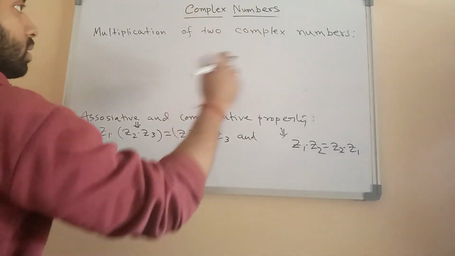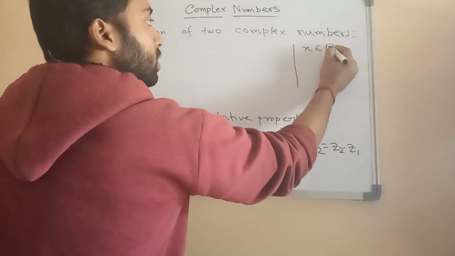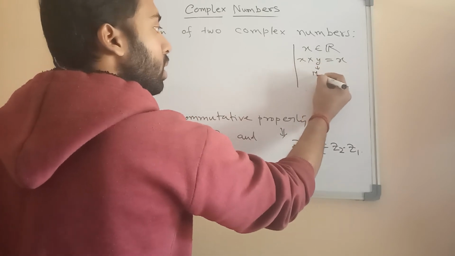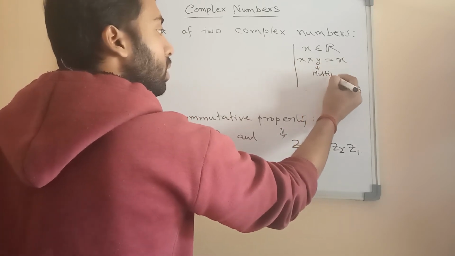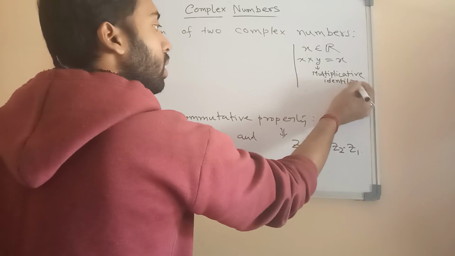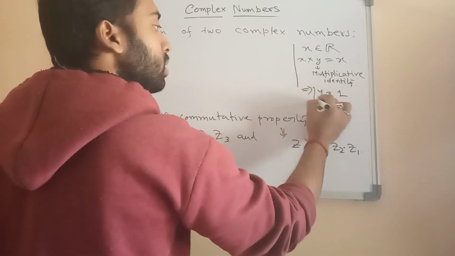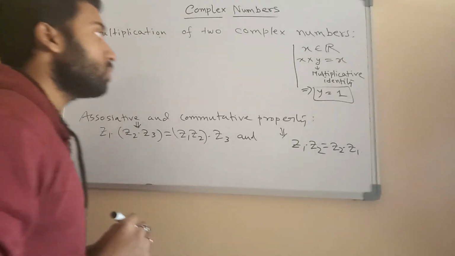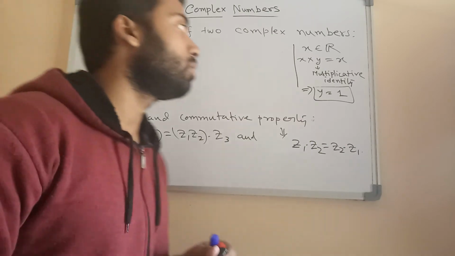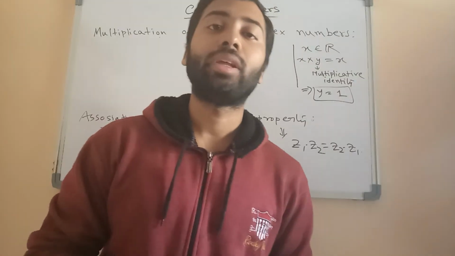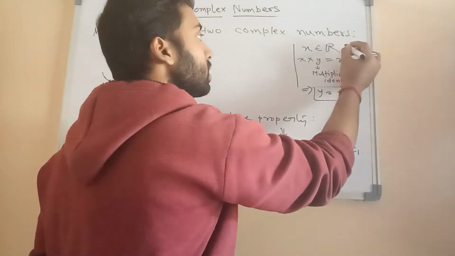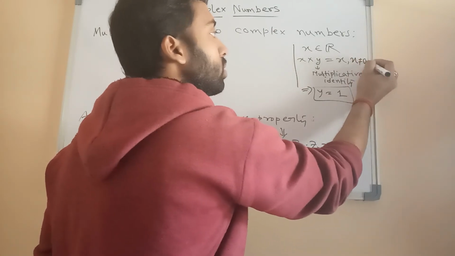So if I choose a number x from the real number set, then x into y will be x, and y is called the multiplicative identity. It is easy to say that y is 1 whenever x is not equal to 0, because in the case of x equals 0, the multiplicative identity is any number, because 0 into, suppose, 2 will again give 0. So whenever x is not equal to 0.